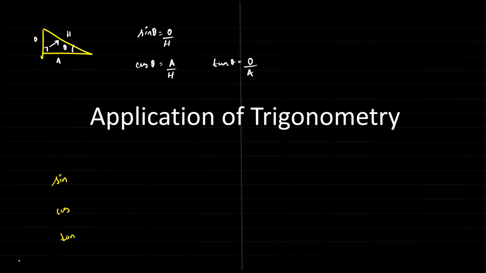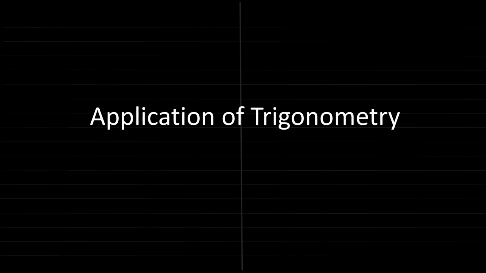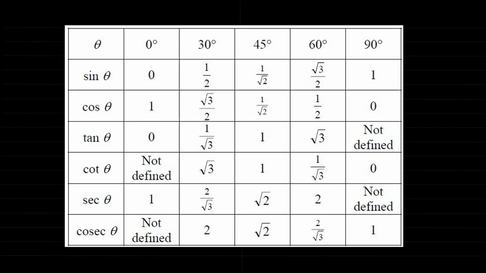Now, let us get started with applications of trigonometry, and for that, you have to know the values of standard angles. These are known as standard angles in trigonometry. We start with 0, 30, 45, 60, and 90. We have 5 standard angles and 6 trigonometric ratios, which means 6 multiplied by 5, we have 30 values.